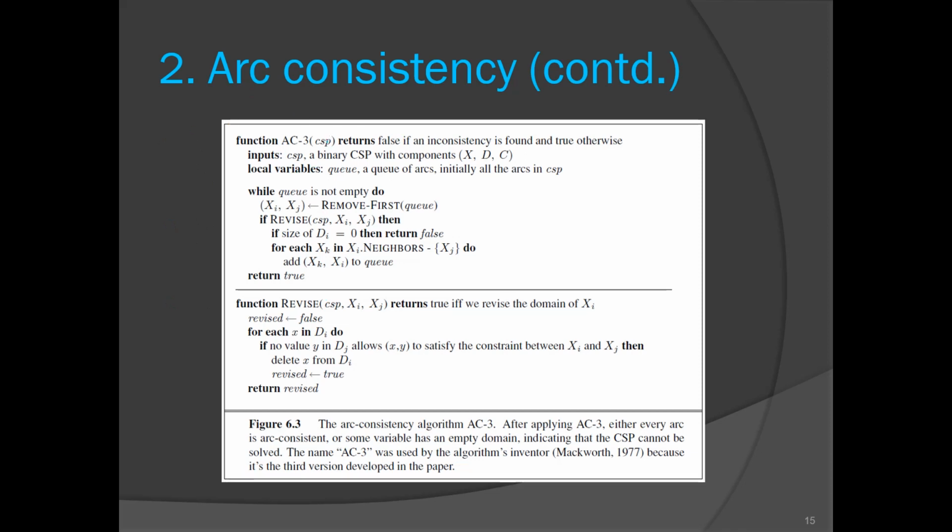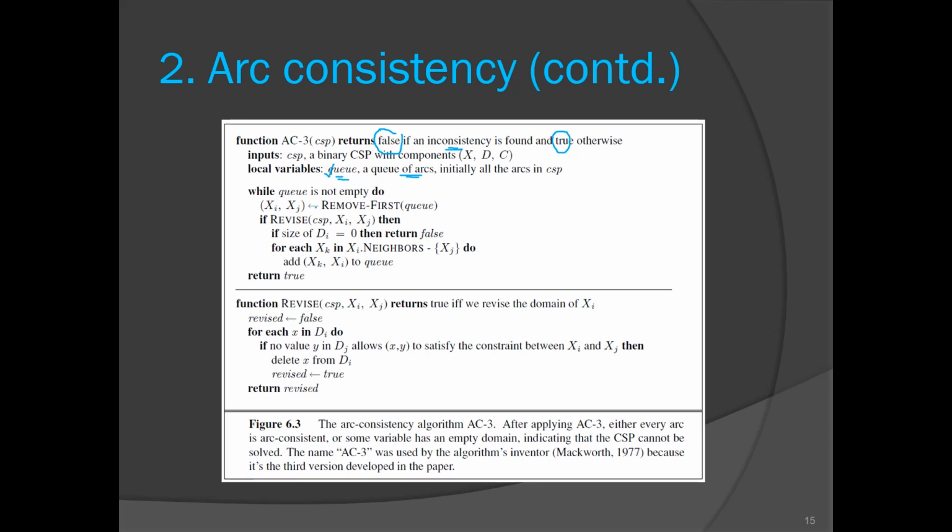It returns false when we have an inconsistency, otherwise it returns true. Here we maintain a queue of arcs, that means all the binary constraints will be included in this queue.